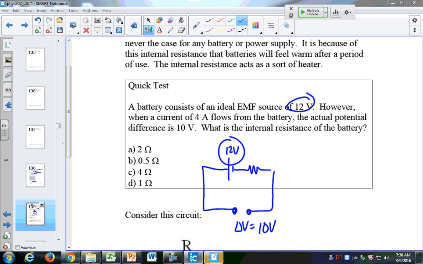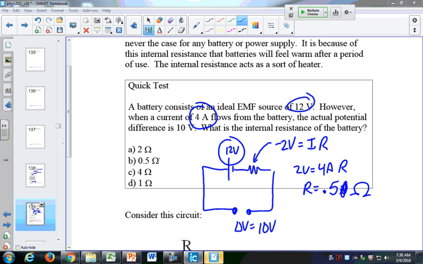That means if I have 12 volts here, I'm losing 2 volts across that resistor. Since I have a current of 4 amps, that 2 volts has to equal I times R. So 2 volts equals 4 amps times my internal resistance, so R is equal to 0.5 ohms, excuse me. So that's my internal resistance.